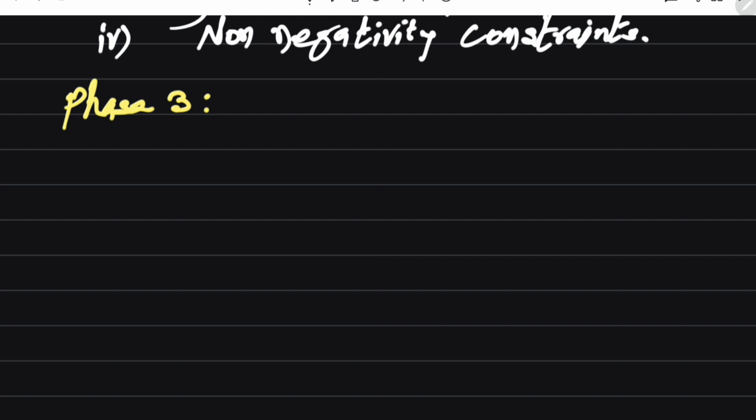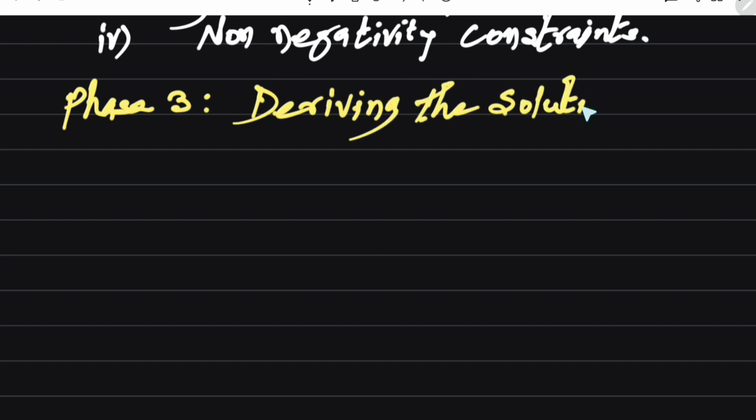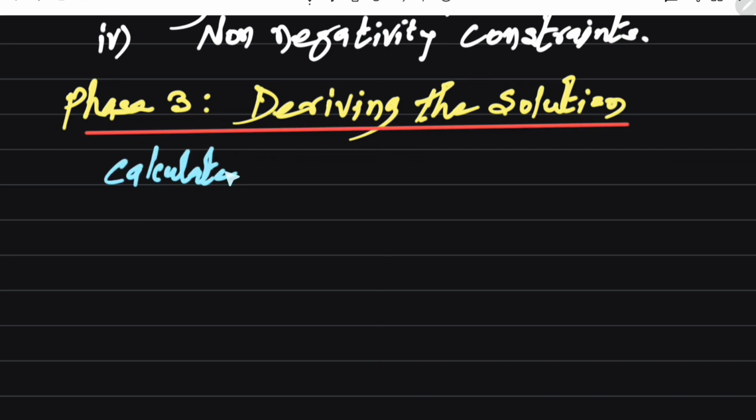Phase number 3, deriving the solution for that problem. It includes calculation of the values of the decision variables that either maximize or minimize the objective function.